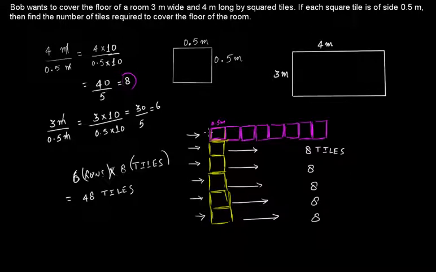That will tell you how many tiles you will have in a single column, which tells you how many rows you will have. You will have 6 such rows, and in each row you have 8 tiles. So 6 times 8 gives you 48 tiles. The answer is 48 tiles will be required to cover this rectangular floor.